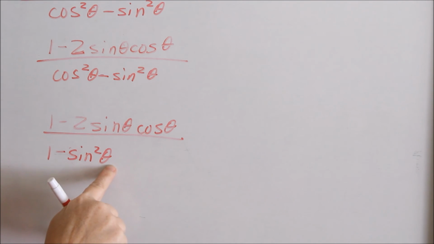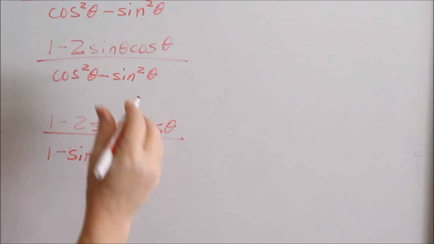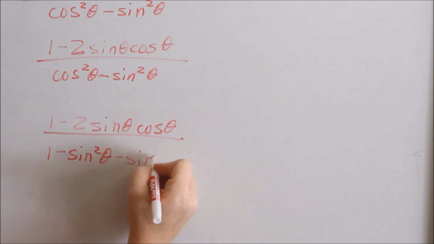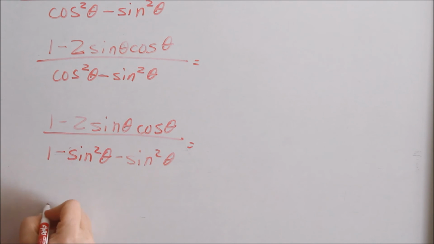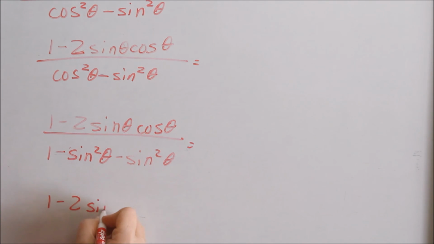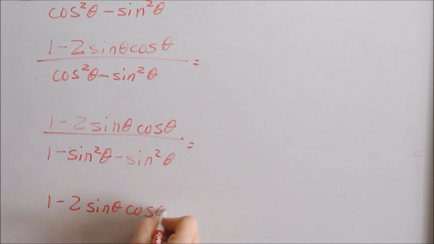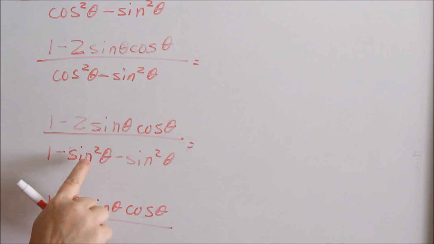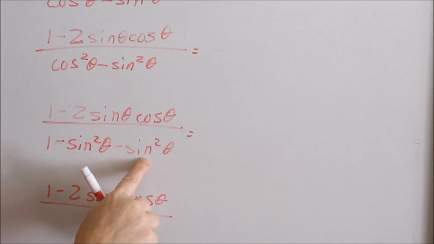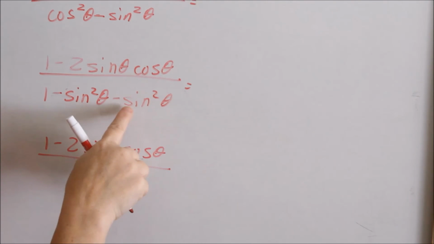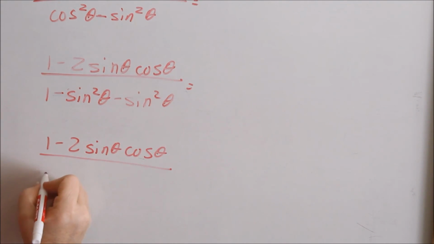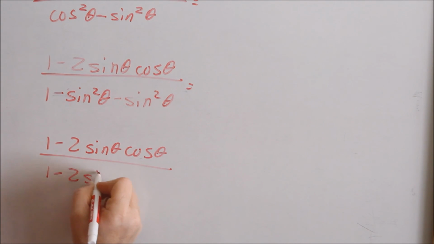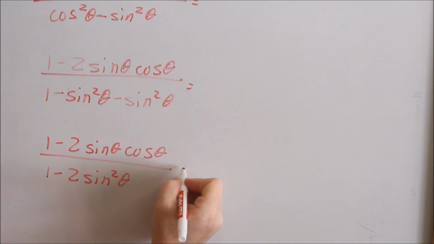Now I still have my minus sine squared. Still have my numerator. Now looking at my denominator, can I combine anything? These two are the same kind, so I can combine them. Negative one of these and negative one of these. I'm in debt one of these and in debt another one of these. So that means I'm in debt two of these.